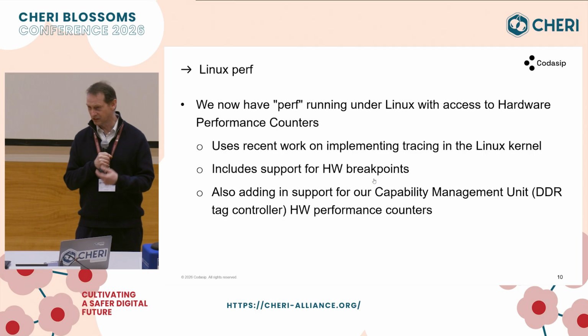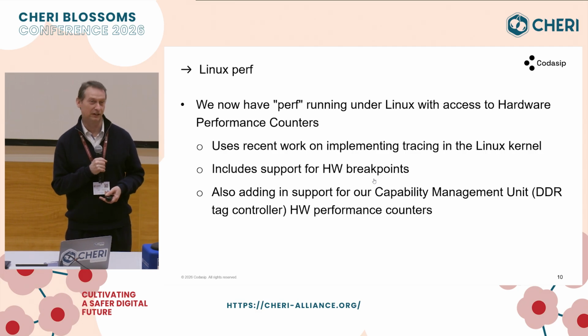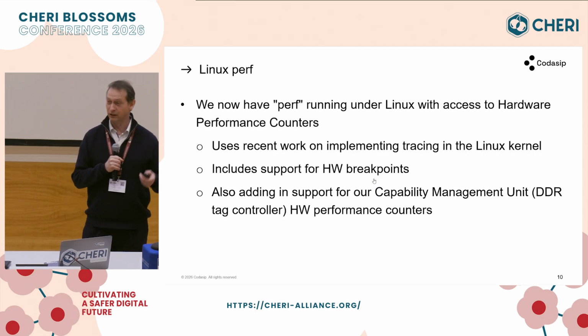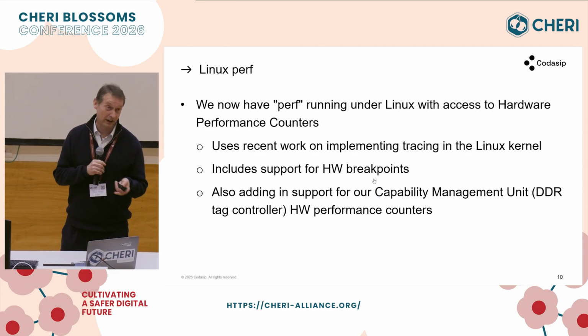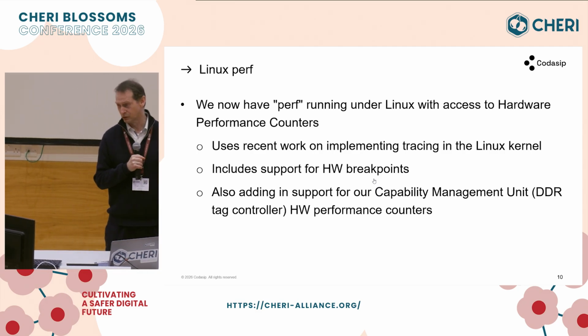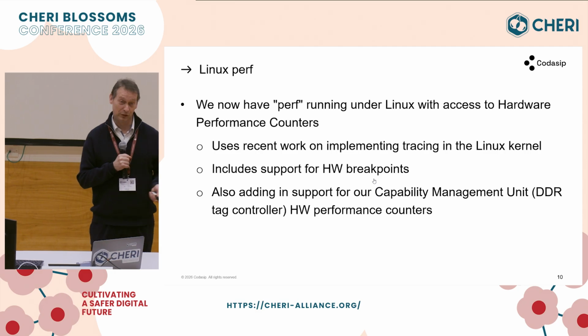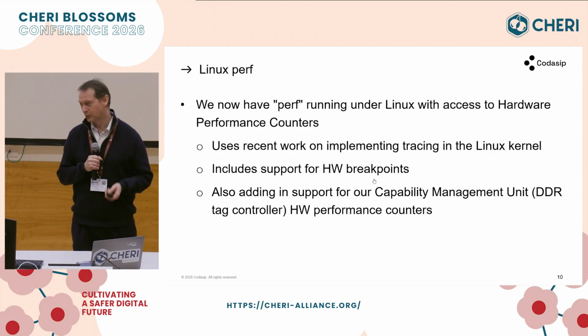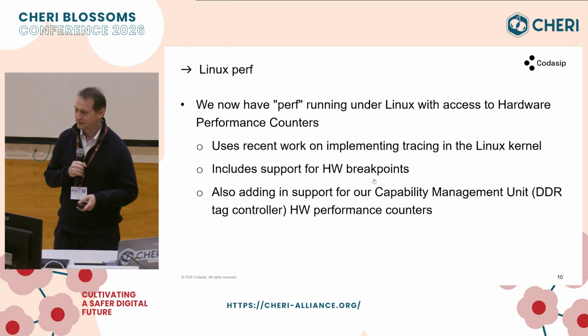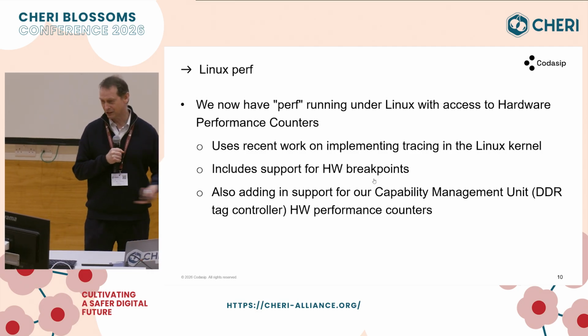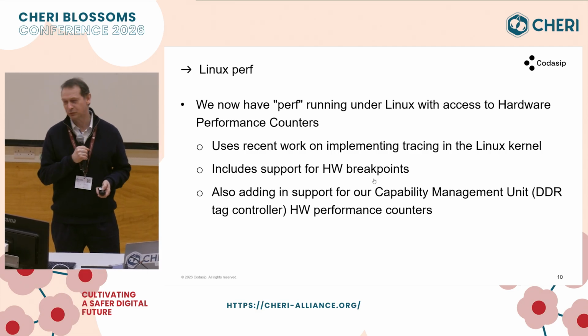This is able to use the hardware performance counters inside the core itself to get a lot more information on what's happening. We've been able to tie this in with recent work we've done on tracing within the Linux kernel. So we can get function level performance information and hardware breakpoints that we can do continual snapshotting as well.